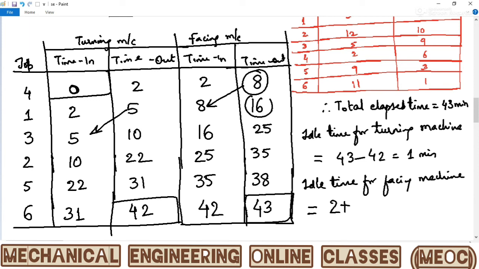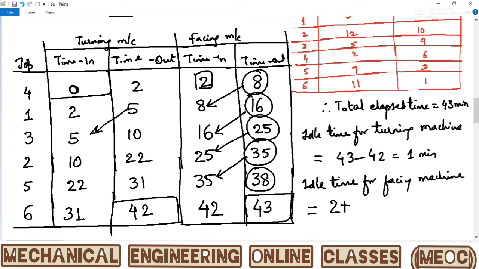It worked on it for 16 minutes, and after 16 minutes it has taken up the third job. It has worked until the 25th minute, and after the 25th minute it has again started working on the second job up to 35 minutes. After 35 minutes it has been taken up by the 5th job, and it's till 38 minutes. So from this 2 minutes to 38 minutes it is busy.